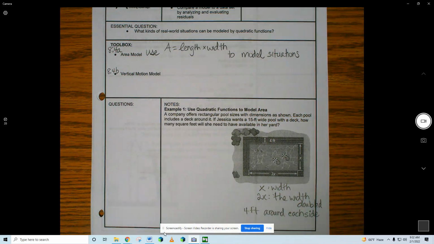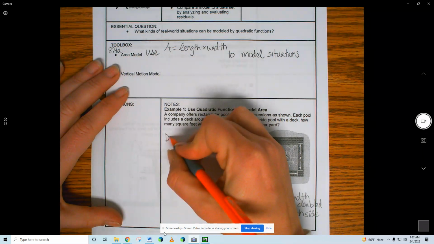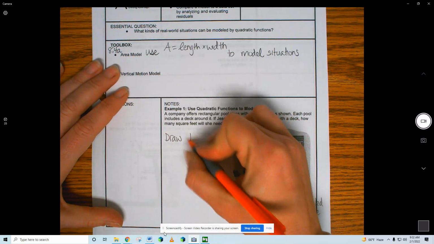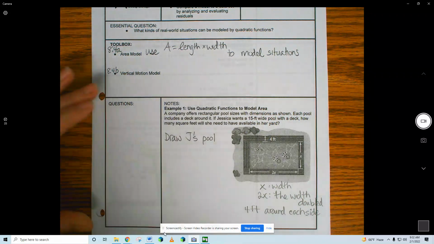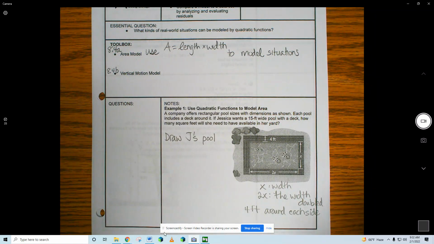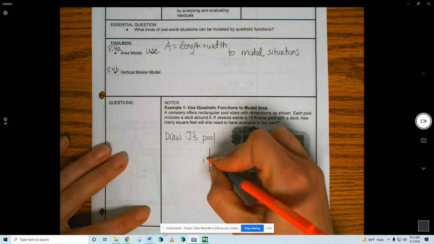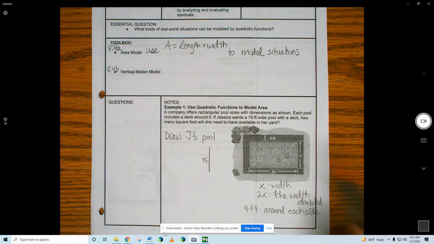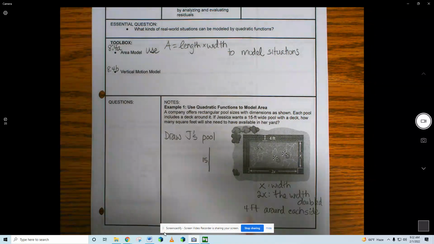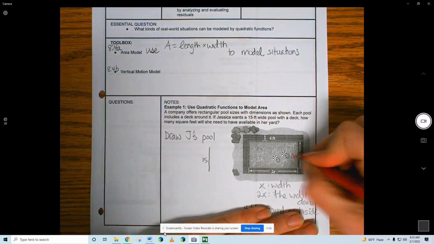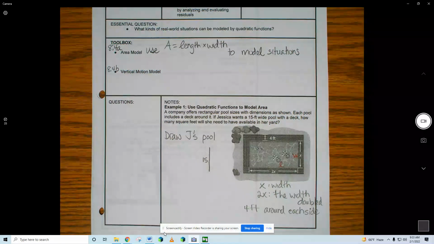Jessica has a 15-foot wide pool. So let's draw Jessica's pool. All right, here we go. She wants it to be 15 feet wide. That's this part right here. Remember, the width is the shorter side. Width and length.